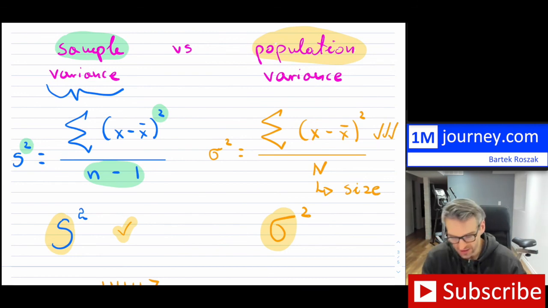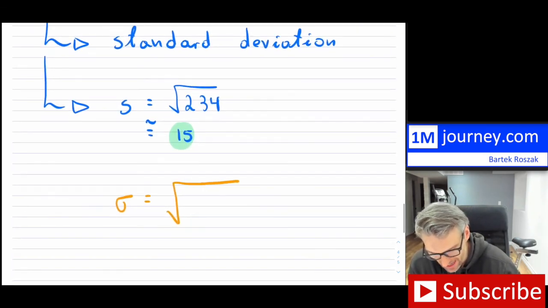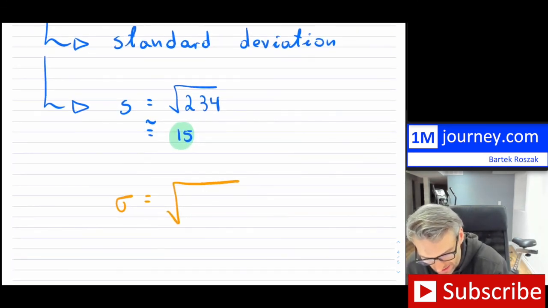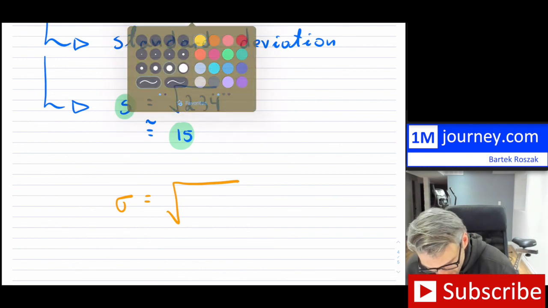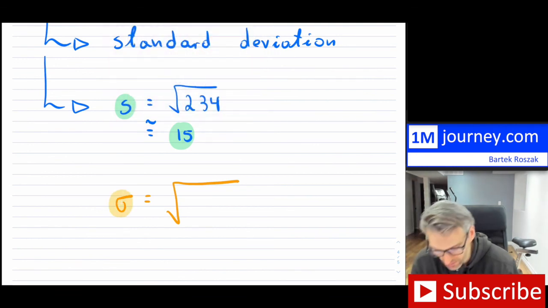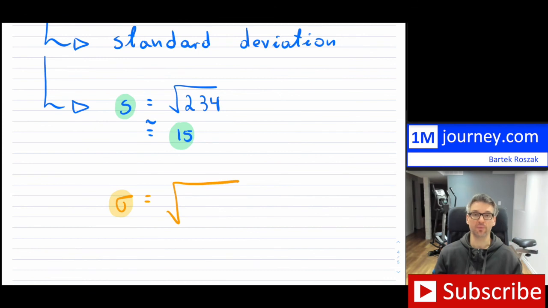The standard deviation for the sample is designated by an S, while S squared is the sample variance, and the standard deviation for the population is designated with a sigma, and sigma squared is the population variance.